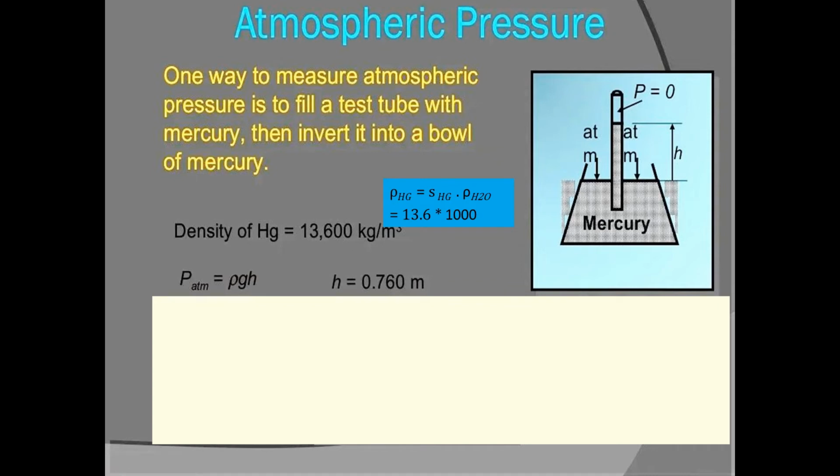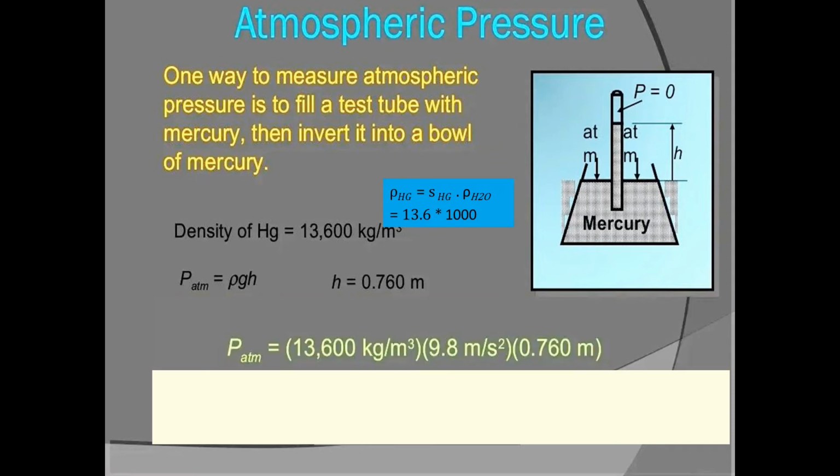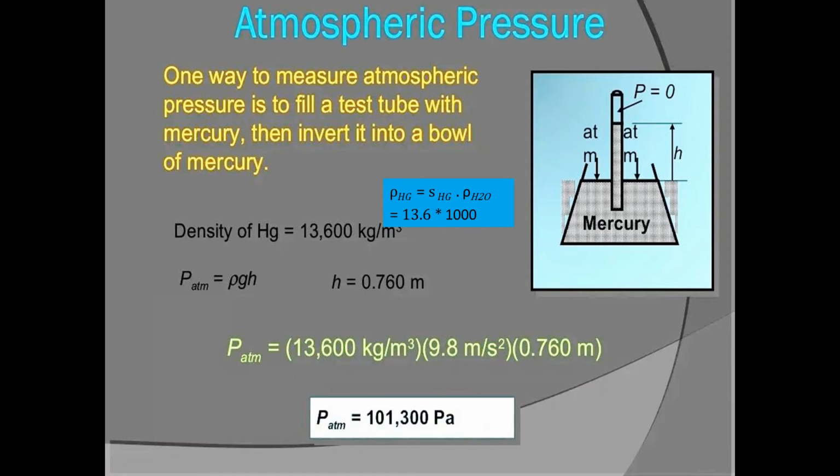Atmospheric pressure is equal to rho g h, and we can derive here a head of 0.76 meters from this formula. The atmospheric pressure will be equal to 101,300 pascals, or that is, to be exact, 101.325 kilopascals.